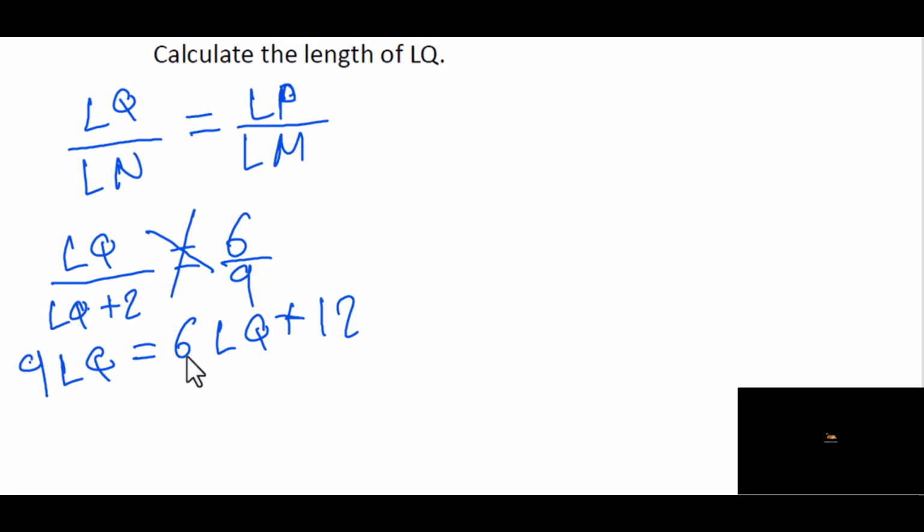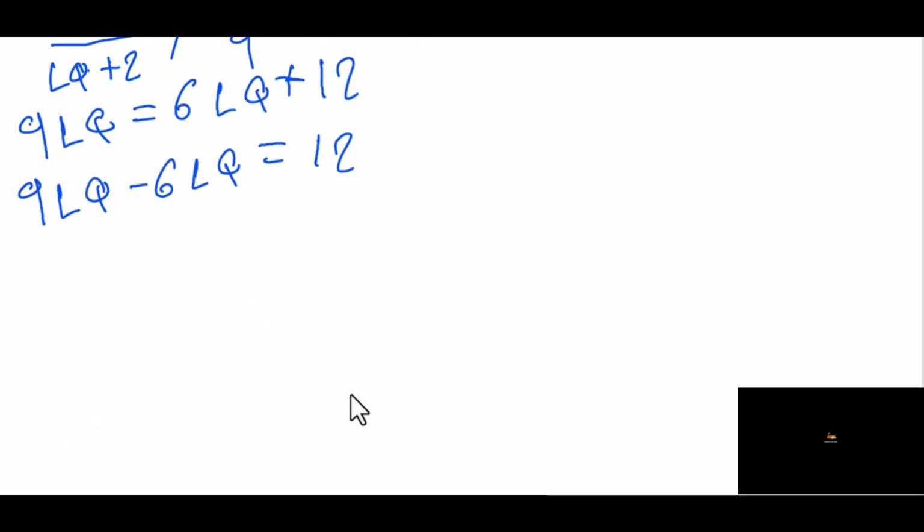From there now we collect the like terms. So we are going to have 9 LQ, this will cross the equal sign to become negative, minus 6 LQ, which is equal to 12. Okay, then when we subtract 6 from 9, we get 3 LQ, which is equal to 12.